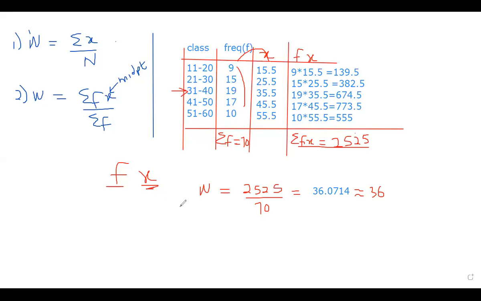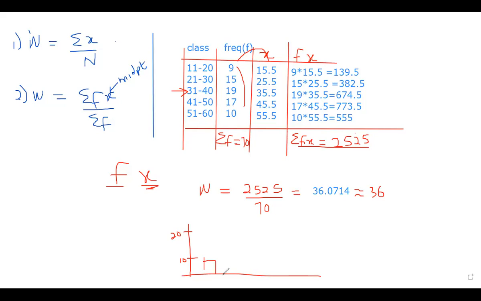If we were to plot a bar graph using the frequencies, with 10 as our interval, from 11 to 20 you have 9 here.